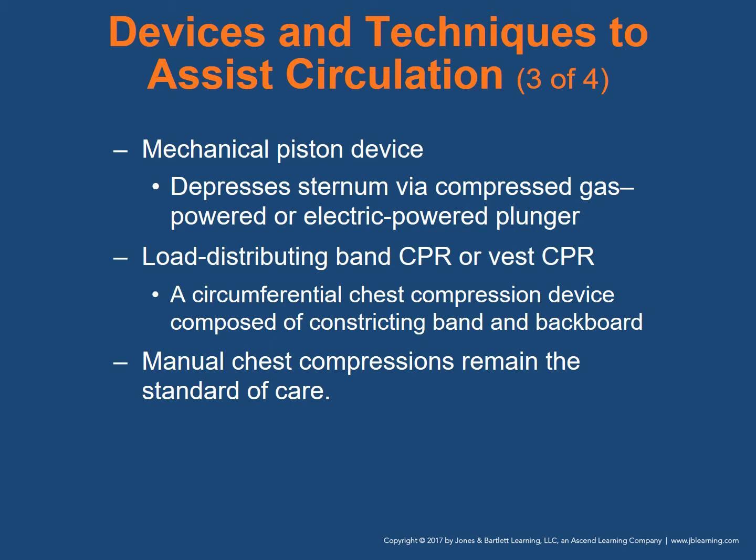I've seen some of these used by long-term transports, critical care transports, flight services might also use these. Of course, it's impossible to do mechanical chest compressions on a helicopter just because there's so little room, and movement to that magnitude could actually affect the way that a helicopter flies through the air. So this load distributing band doesn't take up much space. It can provide some good chest compressions while you are doing something else.